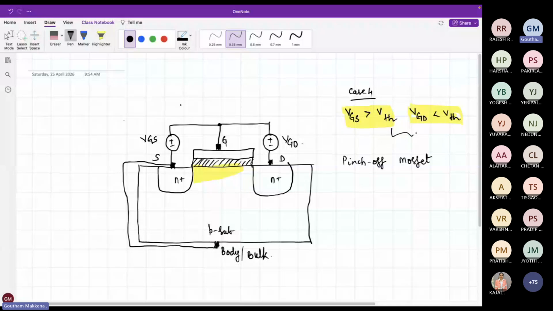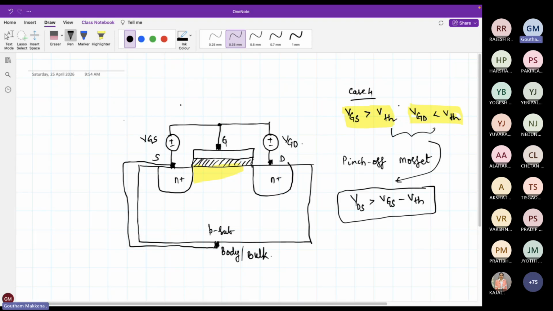If you arrange these two mathematically, what you will see is VDS is greater than VGS minus VTH. The pinch off of the channel actually occurs when VGD is barely equal to VTH and in downward trend. So the pinch off condition is VDS equal to VGS minus VTH.